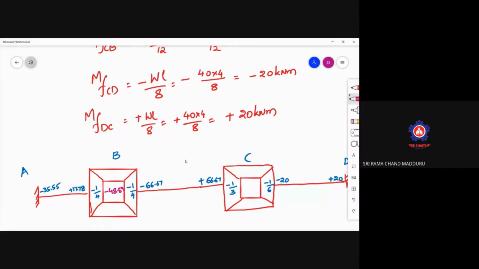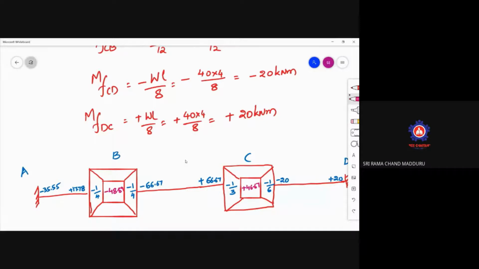That is the restrained moment at joint B. Similarly, the restrained moment at joint C is plus 66.67 minus 20, which is plus 46.67.